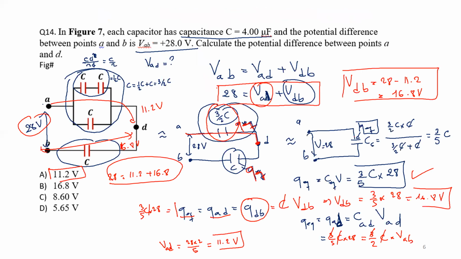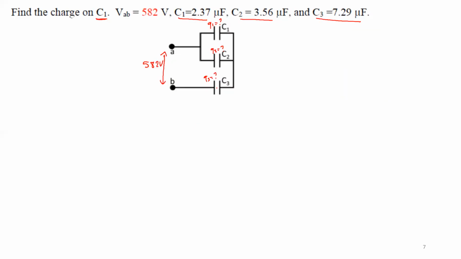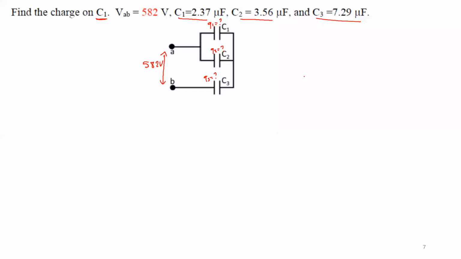You see, this circuit looks like the previous circuit, but a little bit simpler. So how do we solve it? Equivalent capacitances. Okay. So this is equivalent to what? I have the A and I have the B. Now here I have C12. But C12, C1 and C2 are in parallel. So it will be just C1 plus C2.